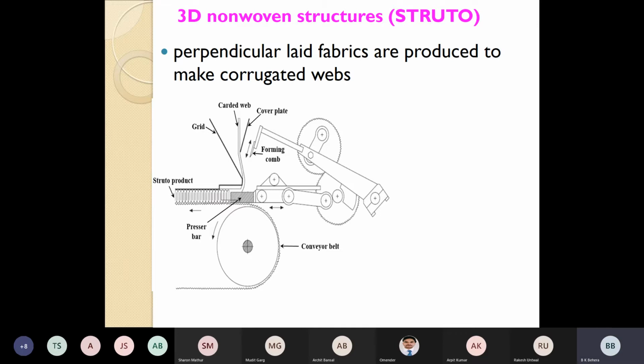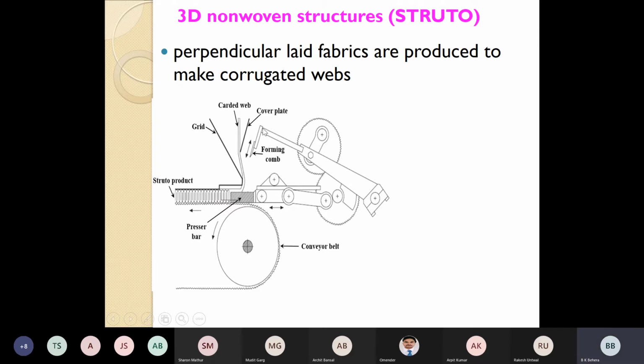The technology is called Struto technology. Look at what it is. So a web is formed, a nonwoven web. This is a conveyor belt. So the web is flowing in this way.